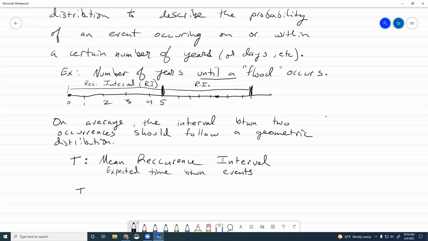And so we can say T bar is that average time, which would be the expected value of T. So T follows that geometric distribution.